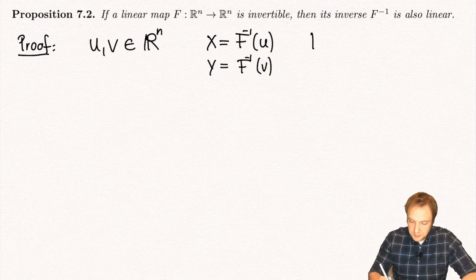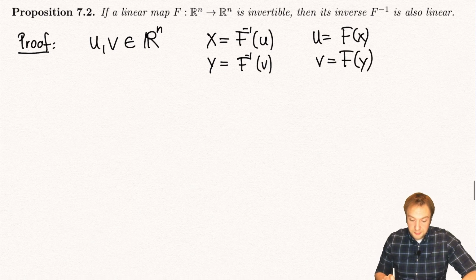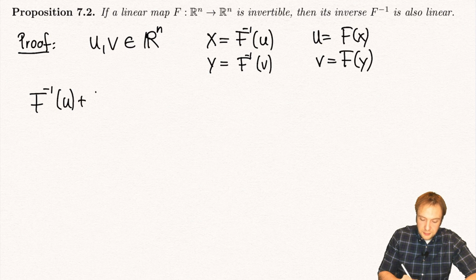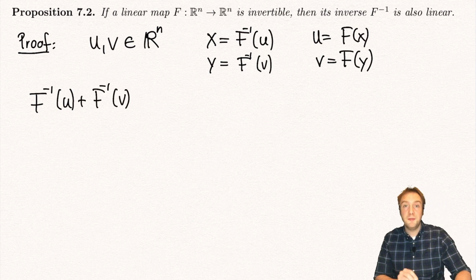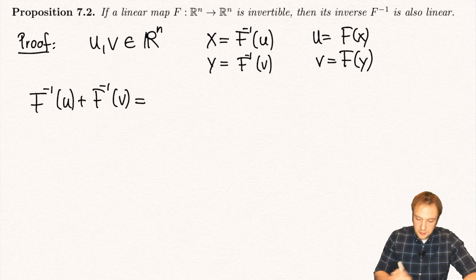So in other words, this u is just f of x, and this v is f of y. Okay, and what we want to show is what is f inverse of u plus f inverse of v. We want to show that this is f inverse of u plus v. So this, by this notation here, is just x plus y.